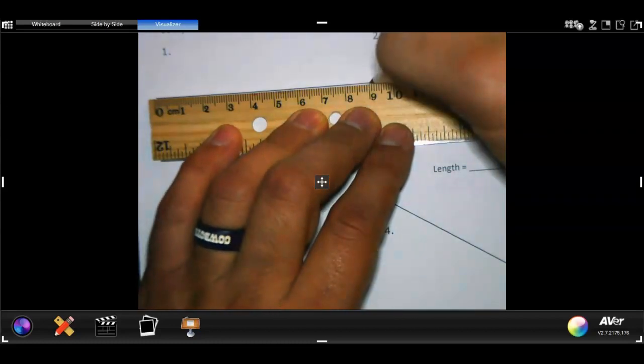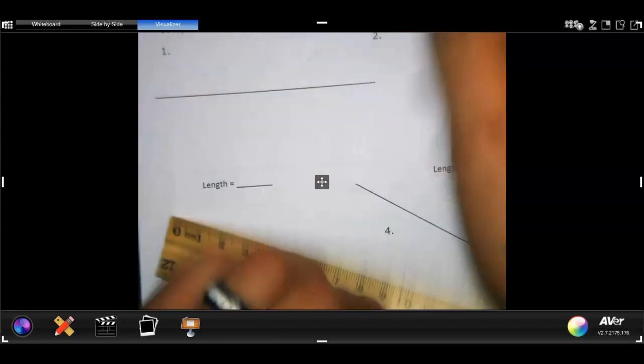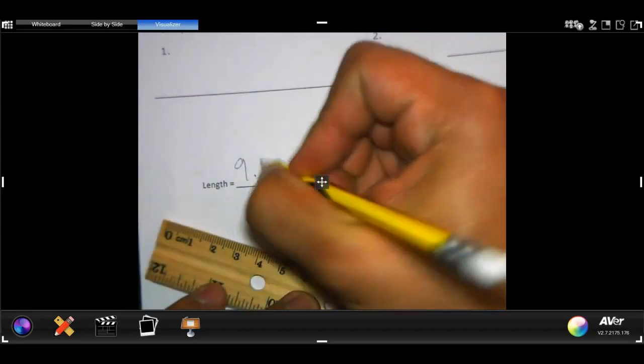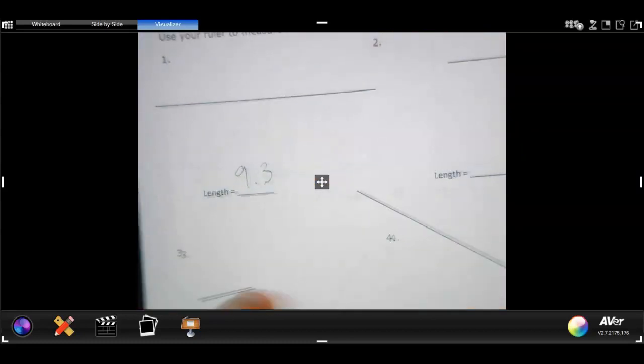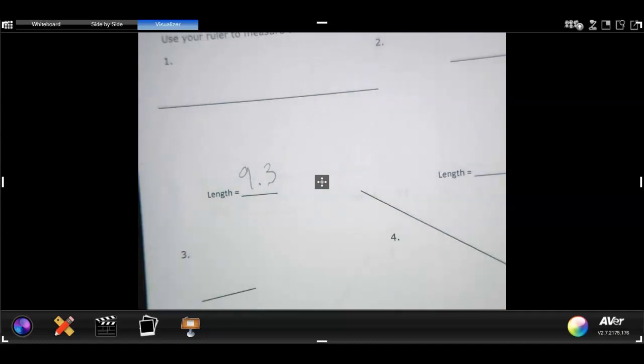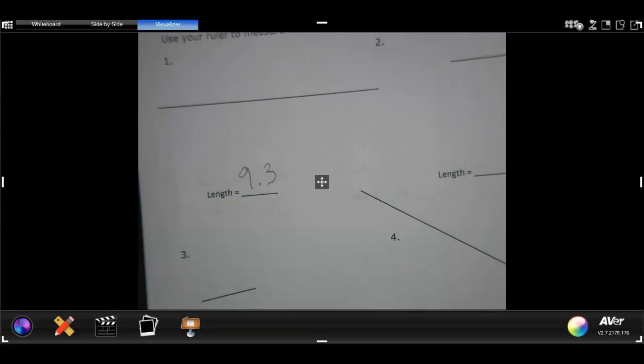So if it's 9 and there's 3 little tick marks, I'm going to call that 9.3. Now, I know that they're tiny little things. You might get 9.2 or 9.4, okay? I can understand you're close, but it's not just 9, right? It's not 9.5, right? It's around 9.3, okay?